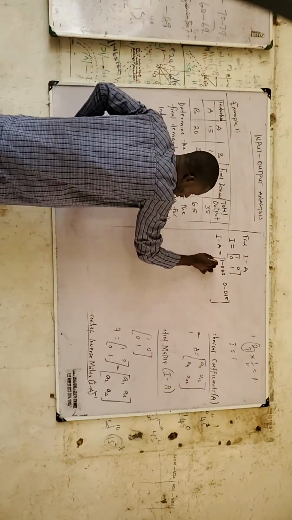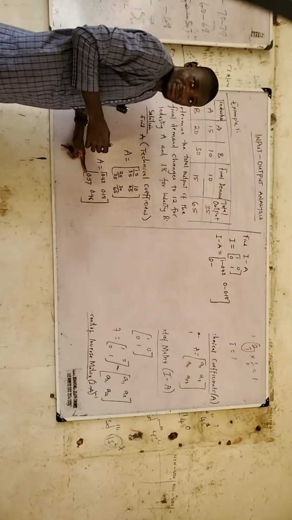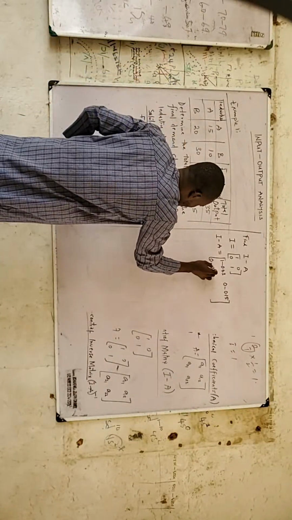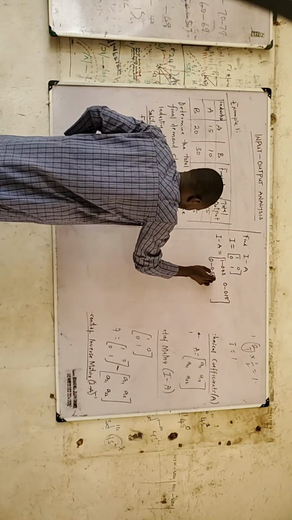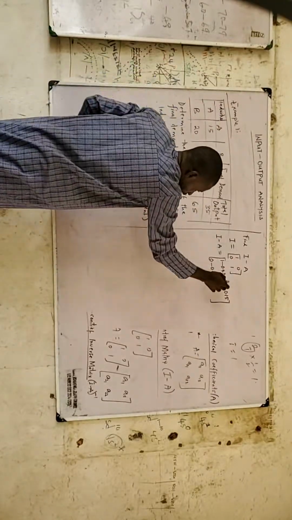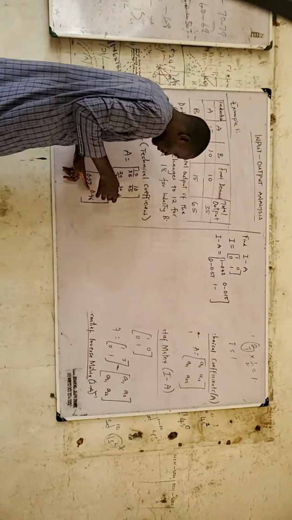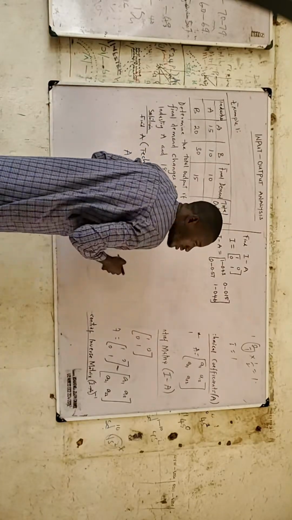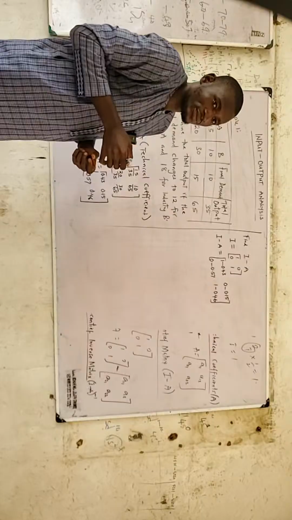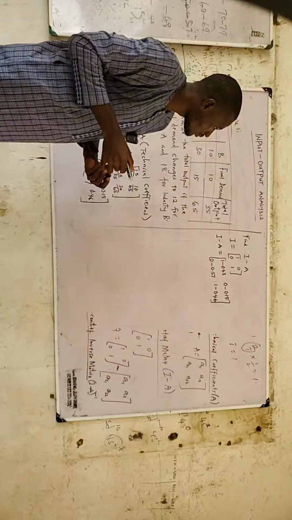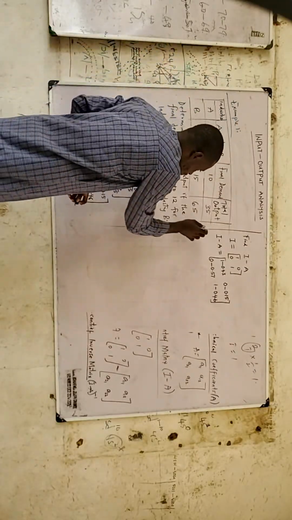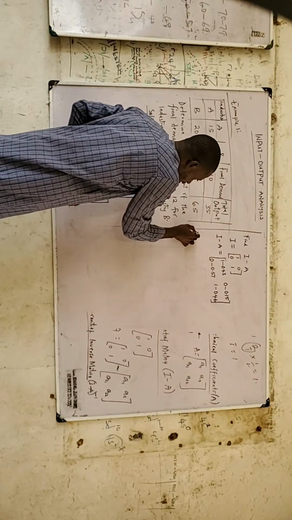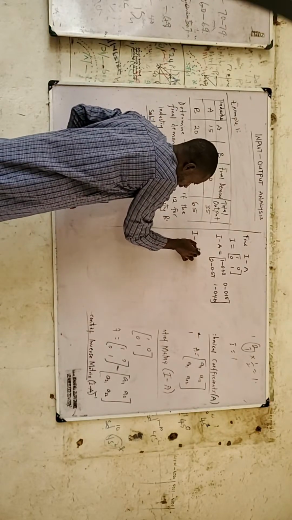Then 0 minus this element, 0.57. Then 1 minus this element, 0.46.